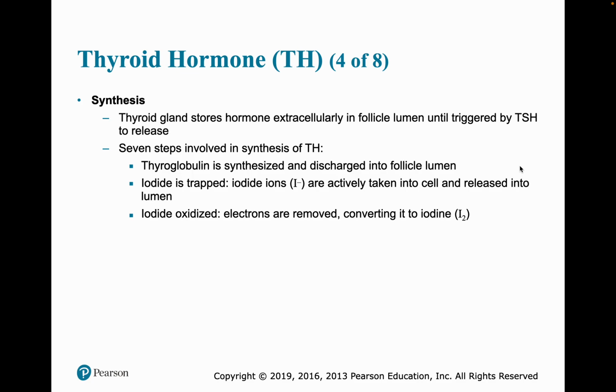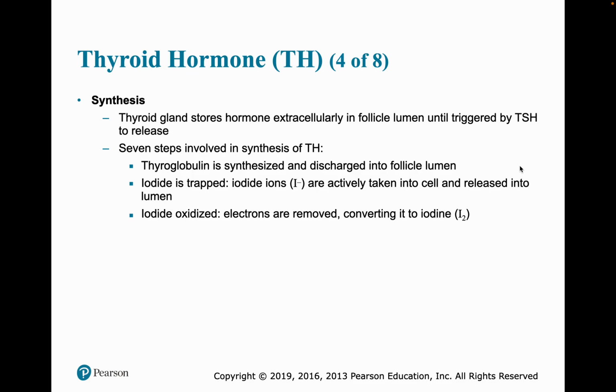First, thyroglobulin is synthesized and discharged into the lumen of the follicle, so those purple colored areas. Then iodide is trapped, so iodide ions are actively taken into the cell and then transcytosed and released into the lumen where thyroglobulin is waiting.